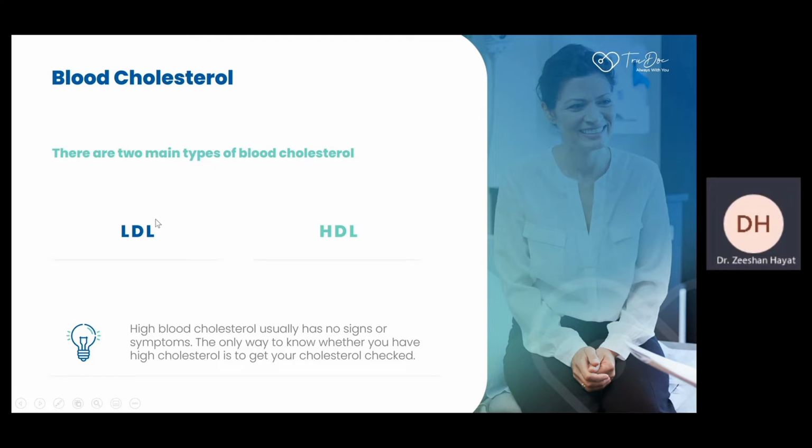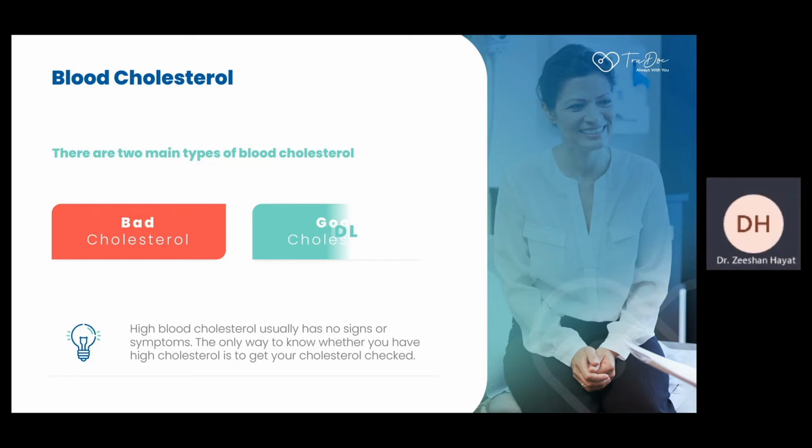These are actually bad for you, meaning that if you have a high percentage, it will cause you to start having atherosclerosis within the arteries, and it doesn't happen right away. It happens gradually, with time. Then you have the HDL, which is the high density lipoprotein. These are good lipoproteins. They help take the bad cholesterol and store it in the liver.